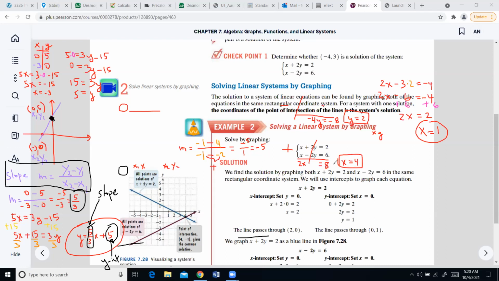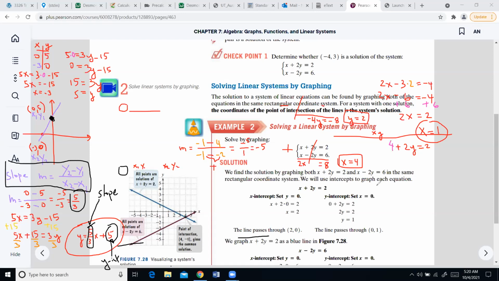So I found x, and then what I can do is take, for example, the first equation, which is x plus 2y is equal to 2, and replace x with number 4. So when I replace x with number 4, I'd be able to find y.